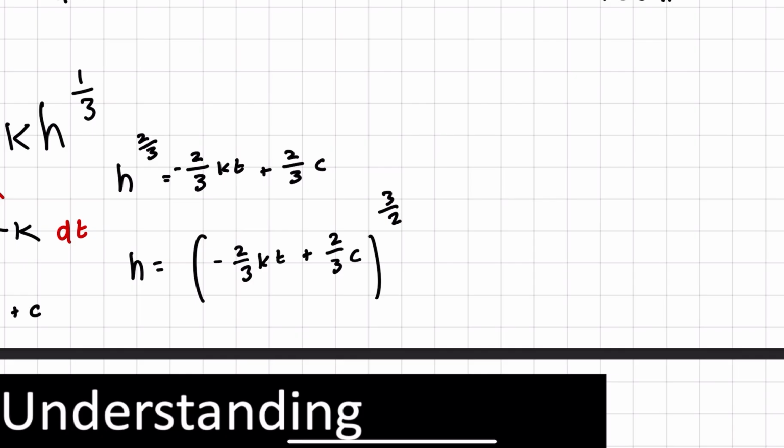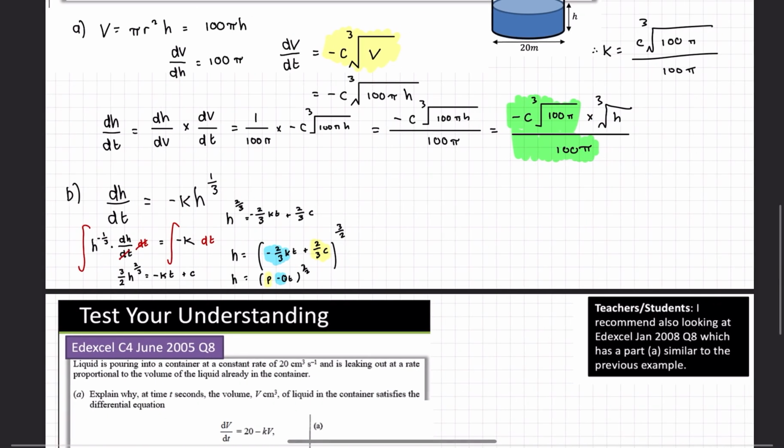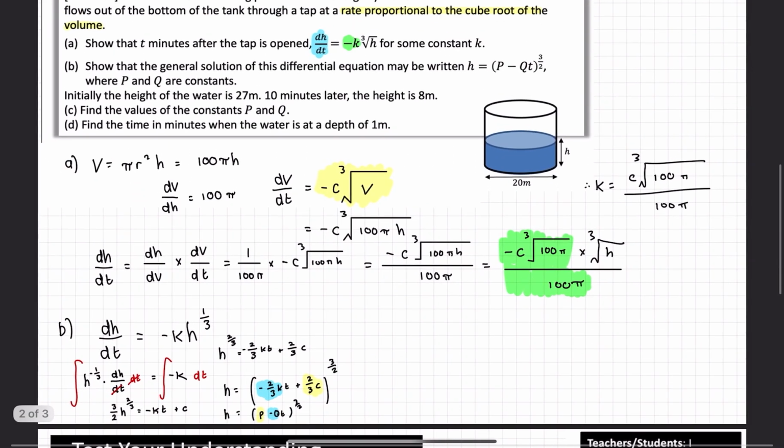And that's the form we wanted, because the original question was asking for (p minus qt) to the 3 over 2. So p here is minus 2/3 kt. Oh no, it's not. I got that backwards. Sorry. p is 2/3 c, and minus q is minus 2/3 k. Fantastic, done. Okay, that's part B.